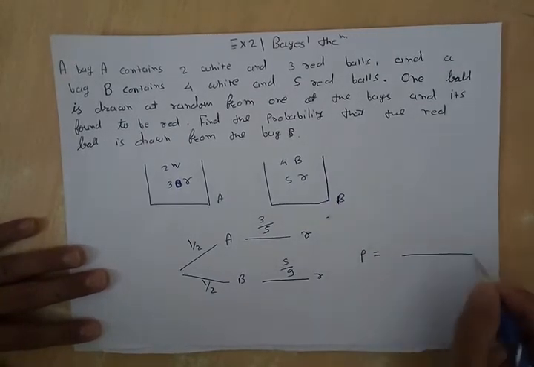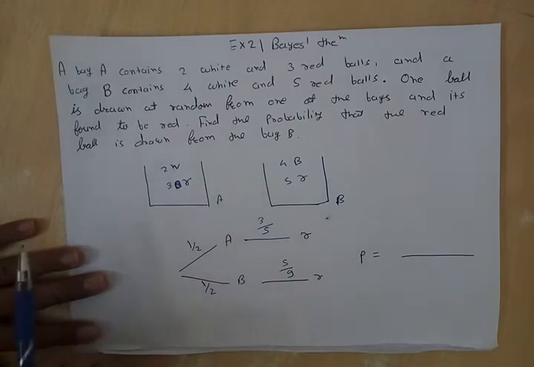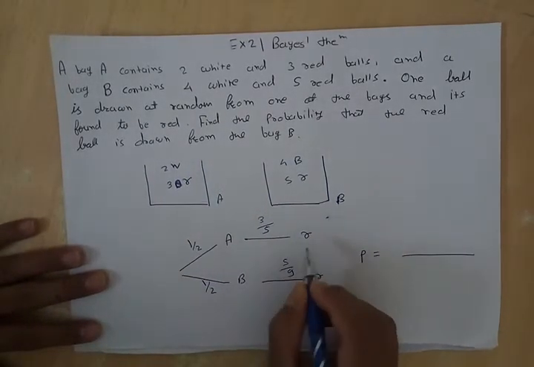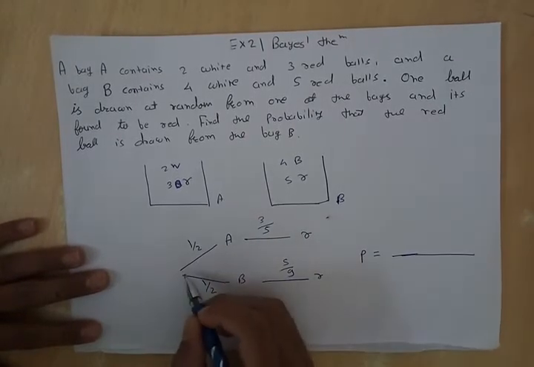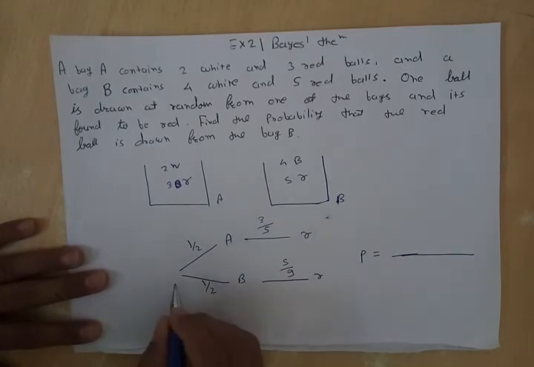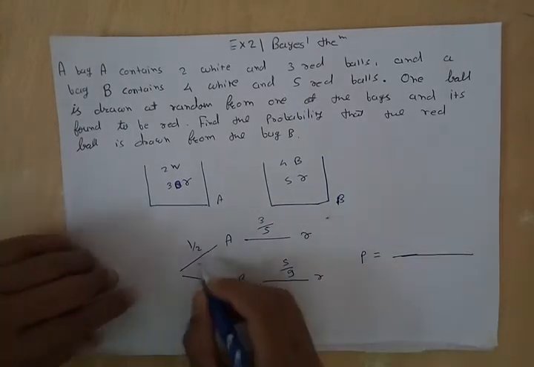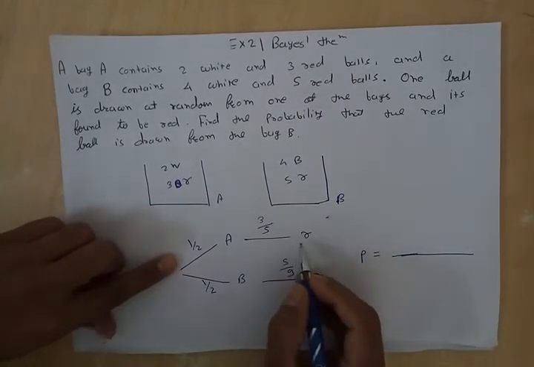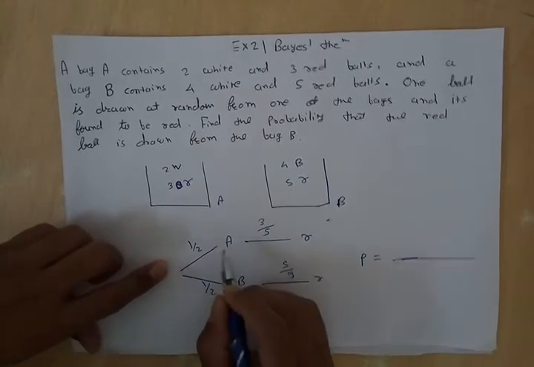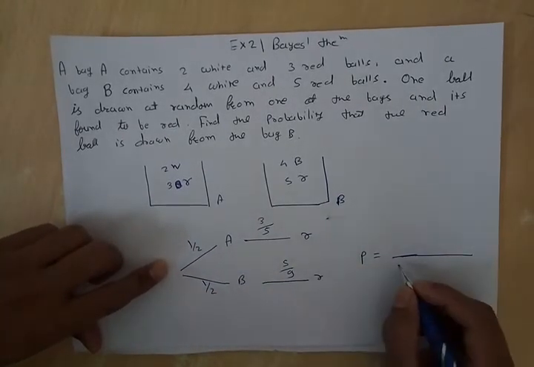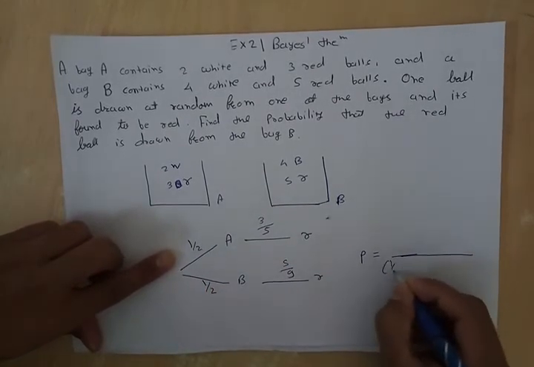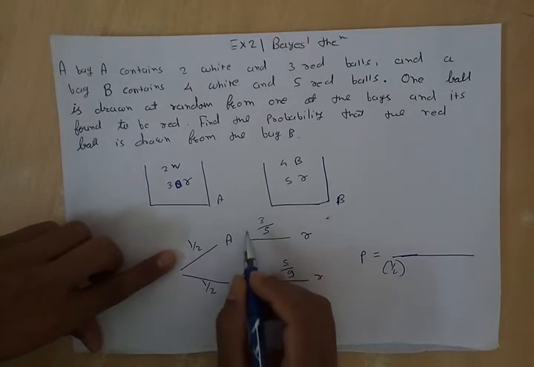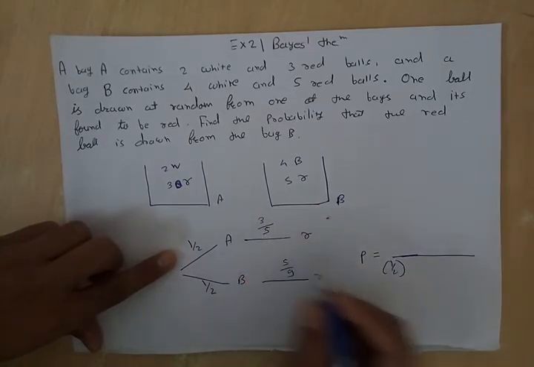Now in the question we have to find, given that we have picked a red ball, so in how many ways can we pick a red ball? We can select a red ball from bag A and also from bag B. The probability of selecting a red ball from bag A is, first we have to select bag A, so it has probability half, and selecting a red ball has probability 3 by 5.